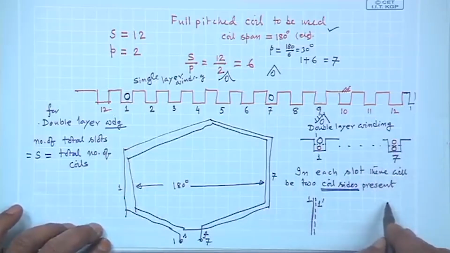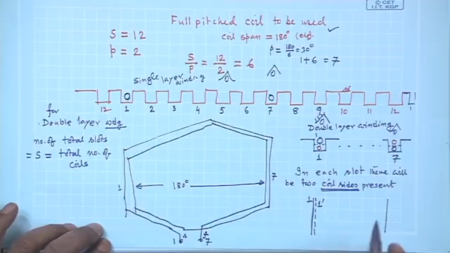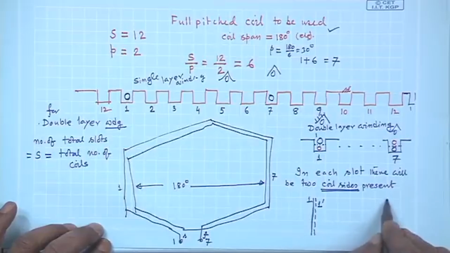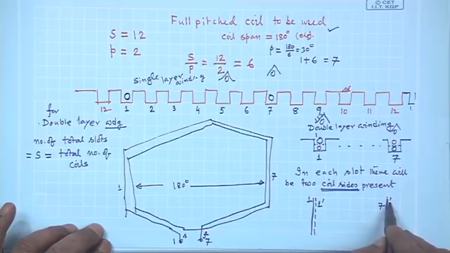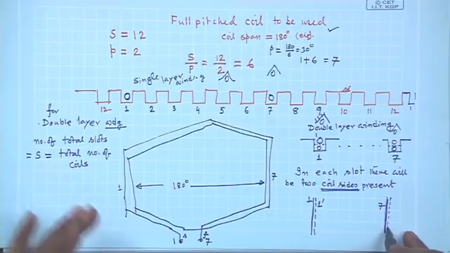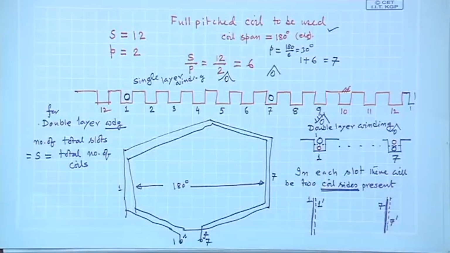Similarly, for 7 there are 2 conductors, and this slot I will show it like this. From the top you will see a conductor at the top, that I should call coil side 7, and beside it I will draw, separated by a very small distance, so that I can distinguish and understand what is going on, 7 dashed.